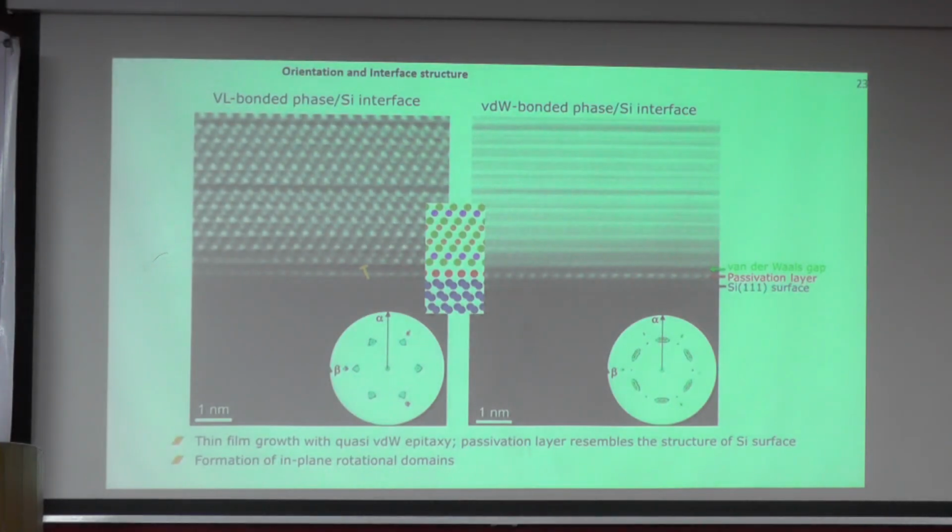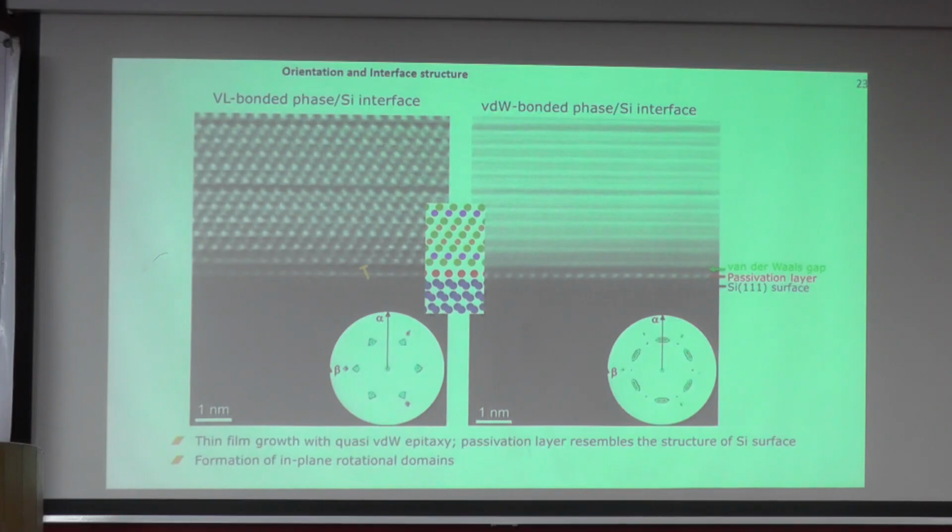Interestingly, how can these phases be grown on such substrates? If you think about epitaxy, many materials are directly attached to the substrate. In the case of phase change materials, or these layered structures, during the growth a tellurium passivation layer is formed on the substrate. This is a self-organized process.